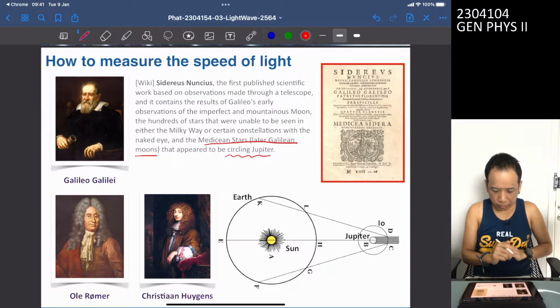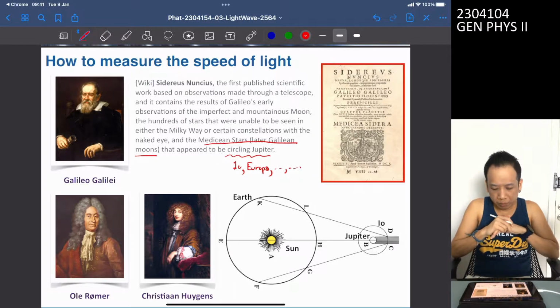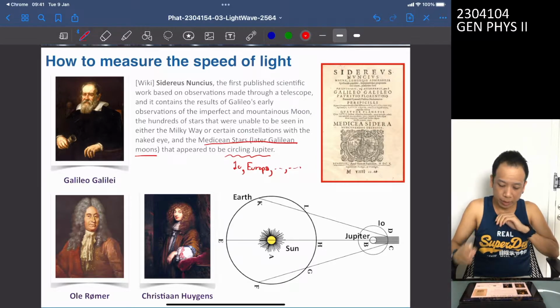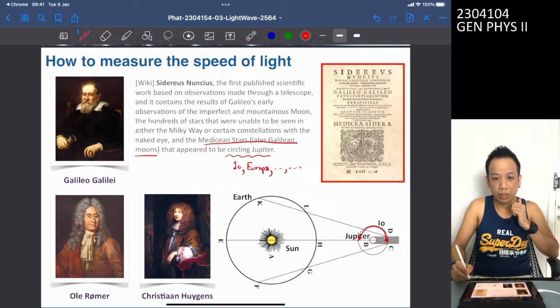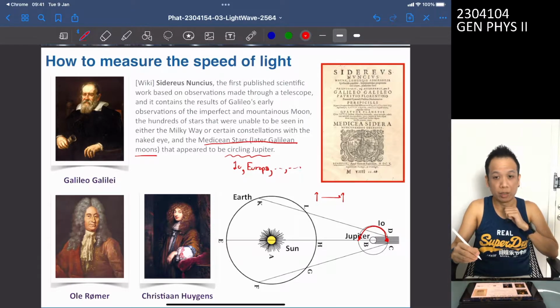The moons are Io, and the second one is Europa, and there are another two I cannot remember. What Romer tried to do was record the time of the eclipse. When the moon disappears and when the moon appears again, he tried to figure out the period.